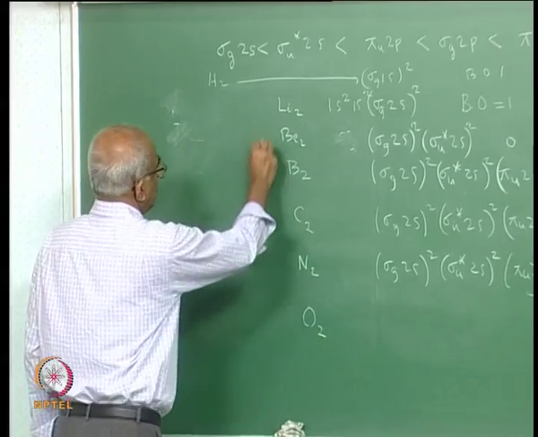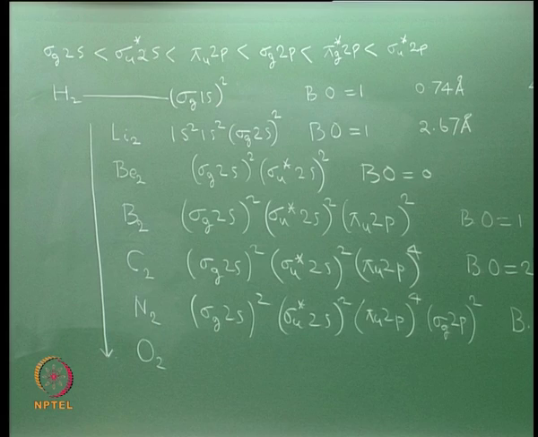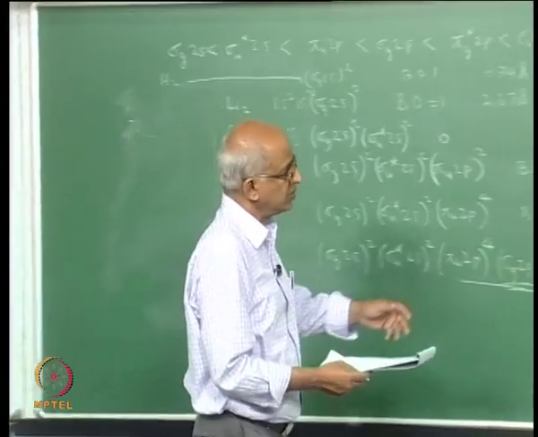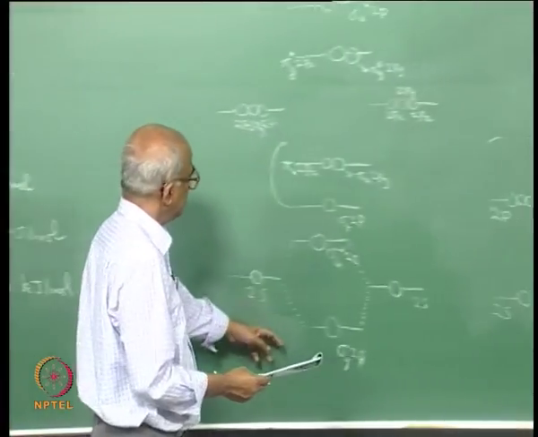As you go down, the separation in energy between the 2s and 2p atomic orbitals increases. As a result of which, what will happen? The orbital order gets interchanged. In the case of oxygen, the orbital order is this one.